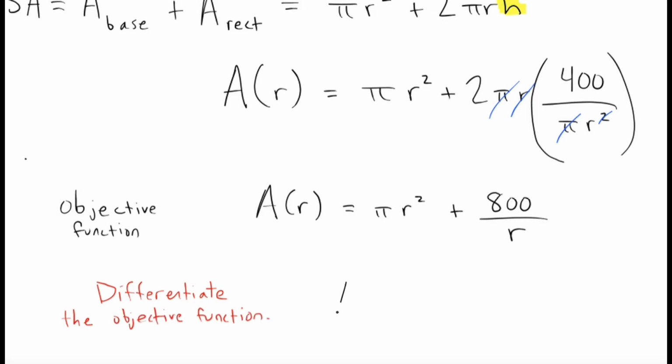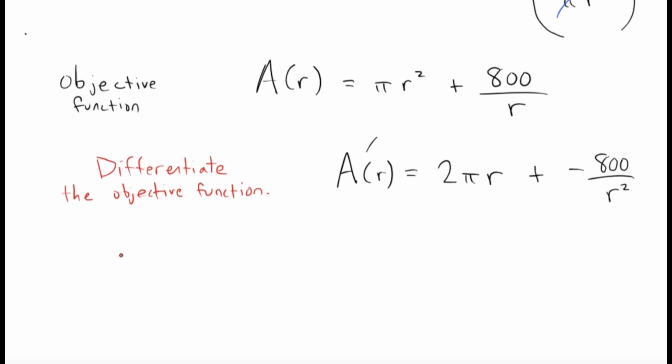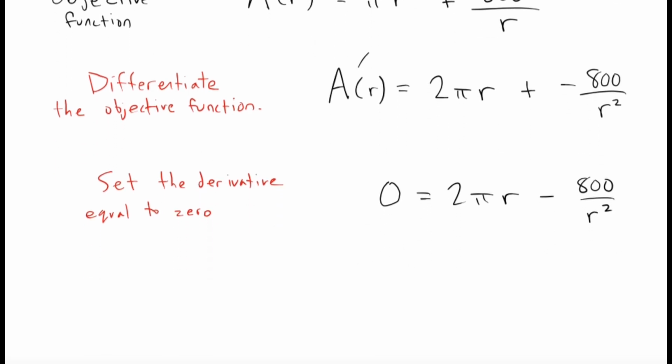So we'll get A prime of r is going to be 2 pi r. This one is going to be a negative 800 over r squared. That'll be the derivative. Now we want to set the derivative equal to 0, and we'll solve for r.